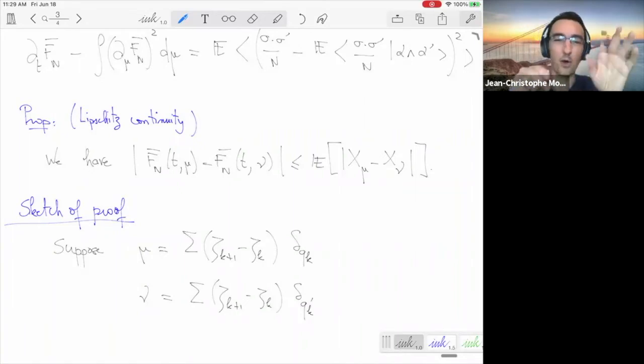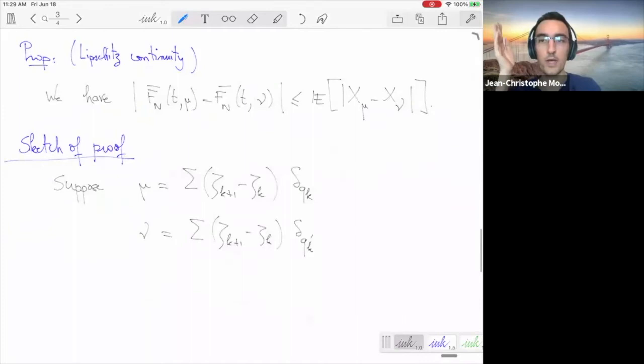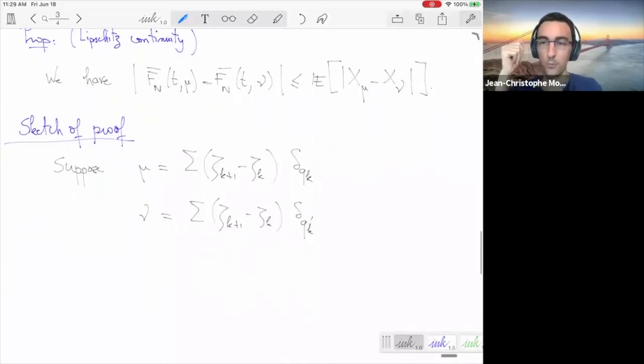So here I'm assuming that they have this form without repetitions in the zetas and Q. That's why it's actually only a sketch of proof and not a full proof. I will have to justify that even if there are repetitions in these representations, the way we computed the Fn bar is still valid.